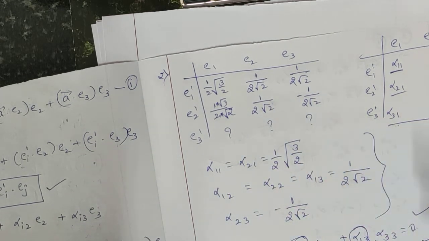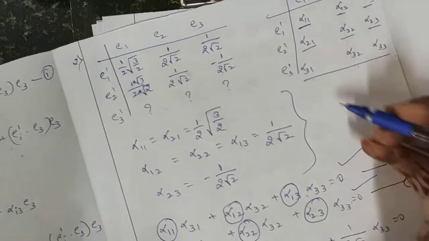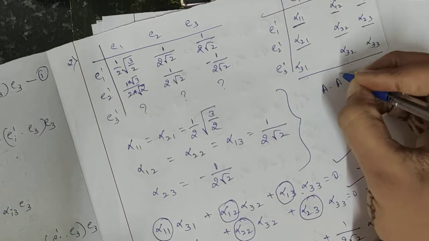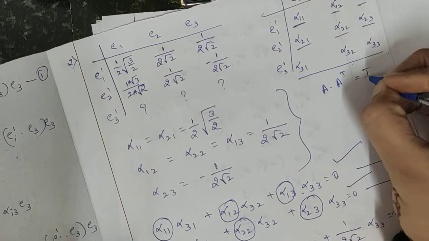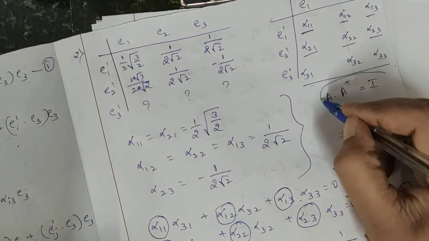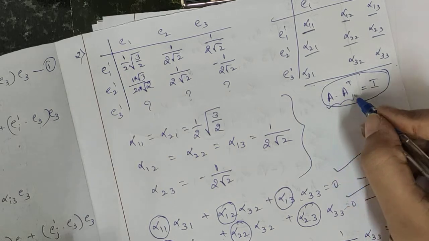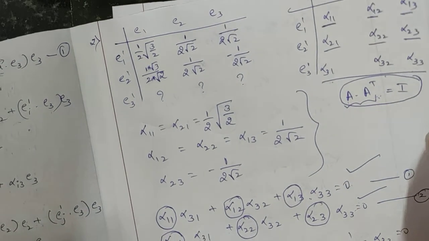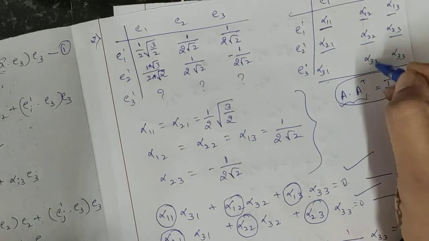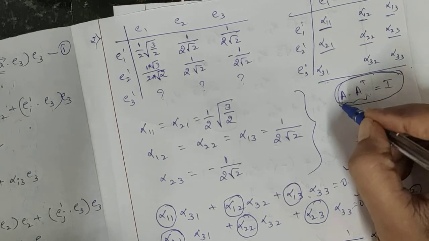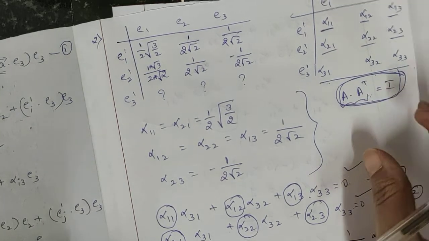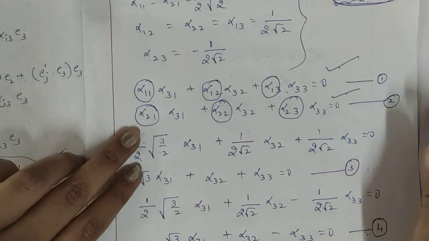So since we know the fact that a transformation is an orthogonal matrix, we will consider the concept of A times A transpose is equal to the identity matrix. Since this is true, we can get a relation between A and A transpose. So here, in order to find the unknown values, we have to use this fact. From this fact, you will get these three equations.